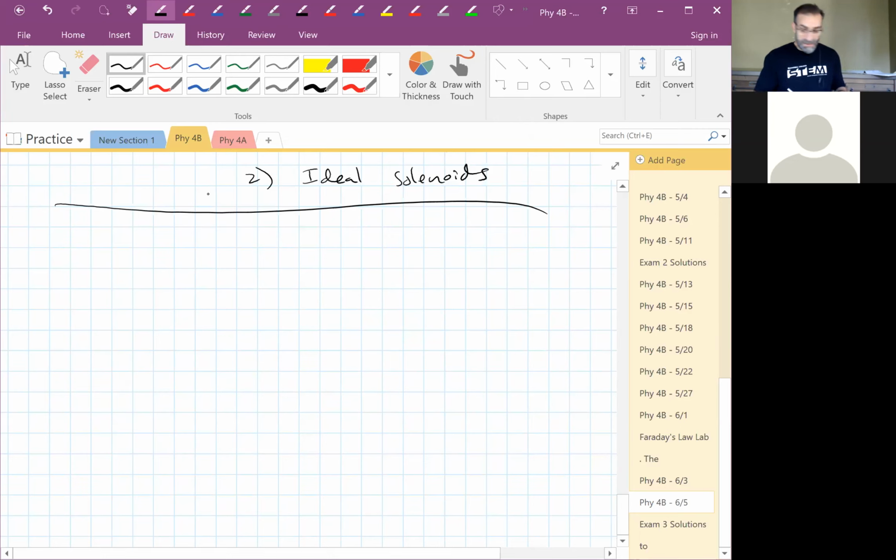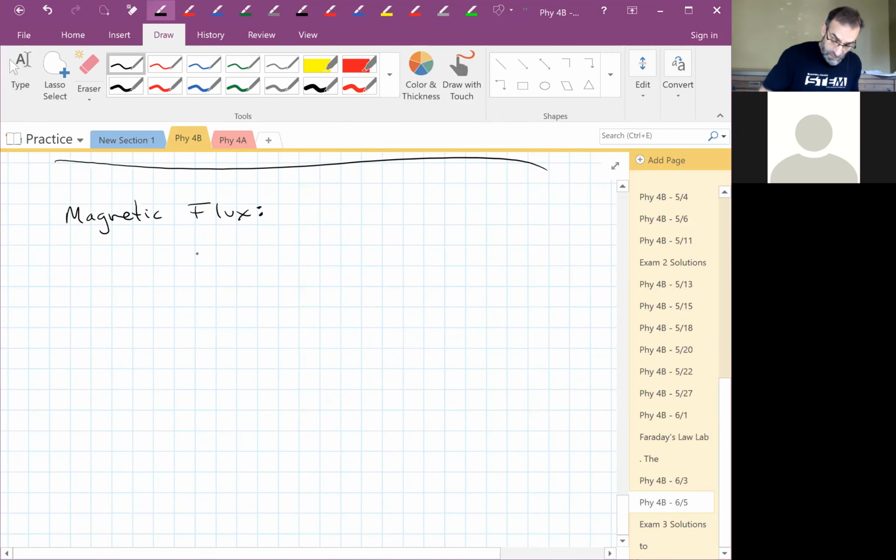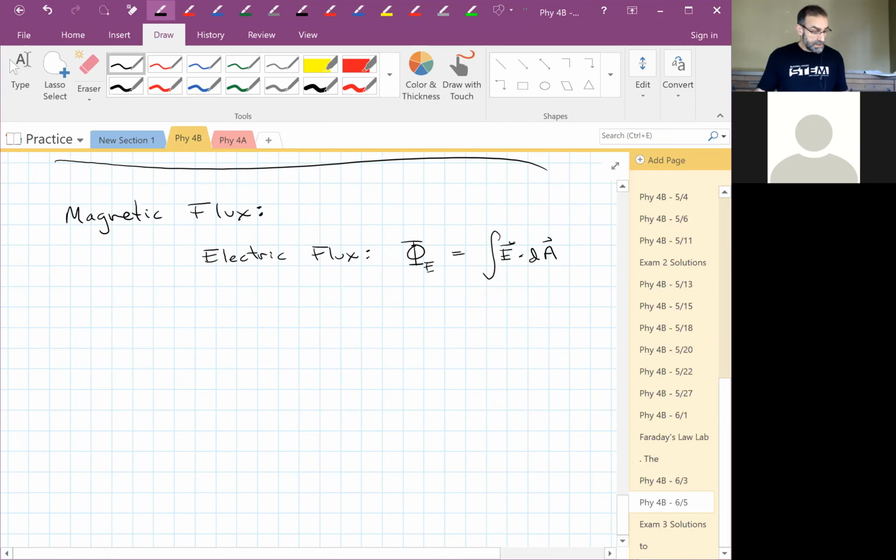Okay, let's talk about magnetic flux for a minute. Flux, we know the definition of flux, integral of E dot dA over some surface, right?